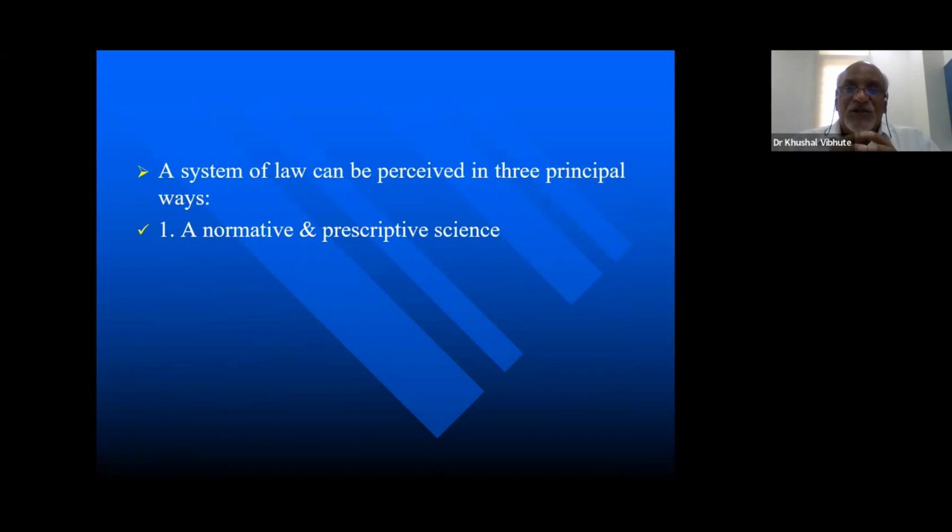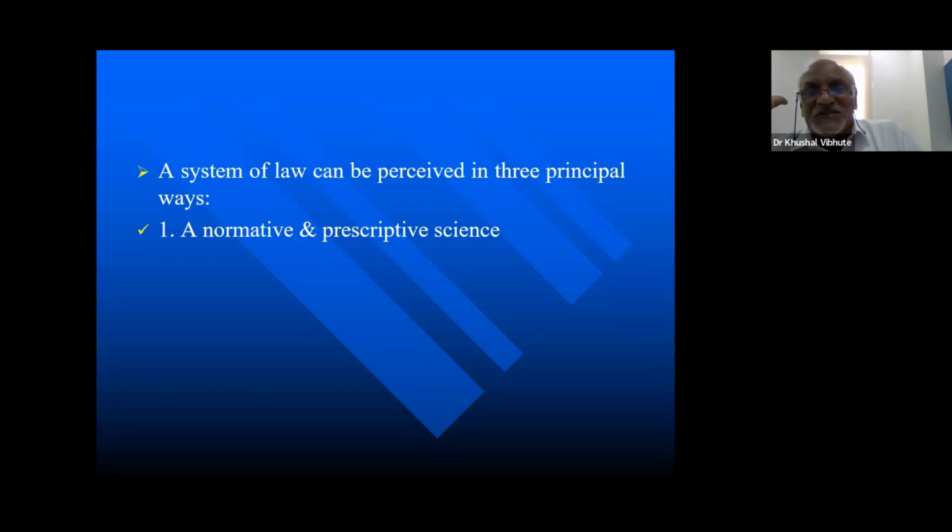When you look at law as a normative, prescriptive science, because it prescribes and stipulates certain standards of human behavior, it lays down certain norms for human behavior, what are the legal facts which you can put to inquiry?